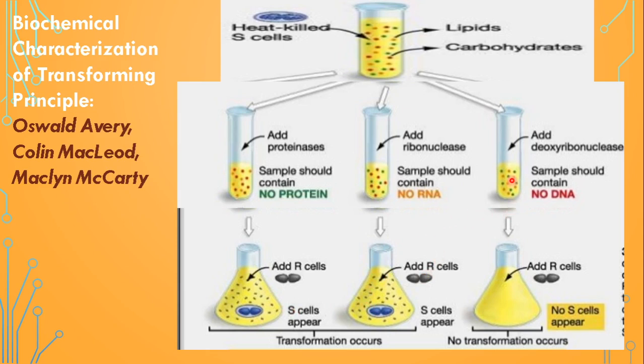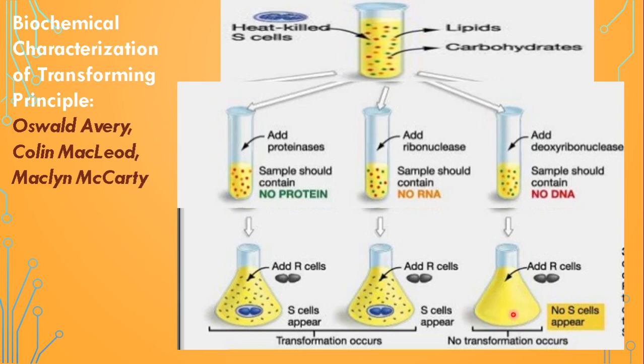But the third sample has only protein and RNA. It does not have DNA. R strains were mixed with it and injected into mice. The mice did not die, because no transformation occurred. When the sample was tested, it was found that no living S strain bacteria appeared there.